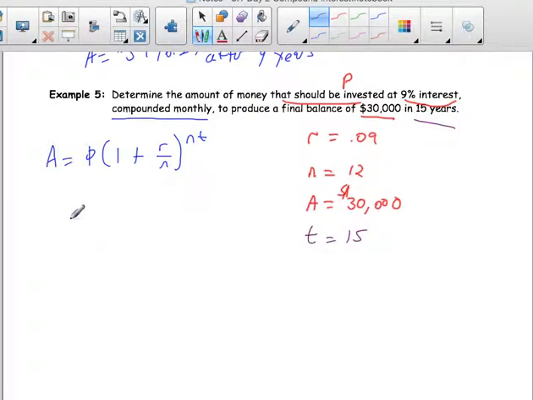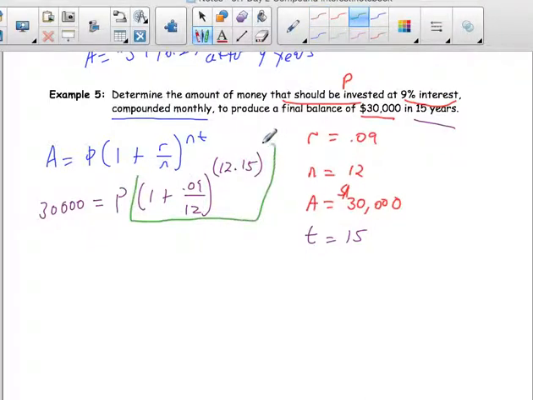Let's substitute these things into our formula. So we've got 30,000 is equal to P. That's what we want to solve for. Times 1 plus R, which is 0.09 over 12, raised to the n, 12 times t, which is 15. This looks a little bit complicated, but all of this part is just a number.